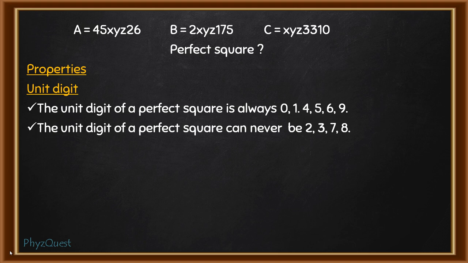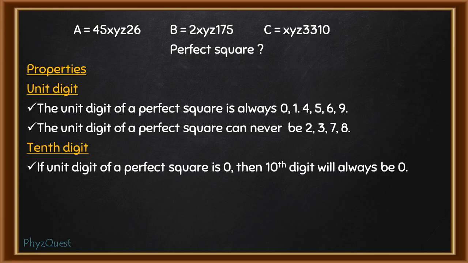Next step, you have to know about the 10th digit. The properties for the 10th digit are valid only when the unit digit is 0, 1, 4, 5, 6 or 9. First rule: if the unit digit of a perfect square is 0, the 10th digit will always be 0.